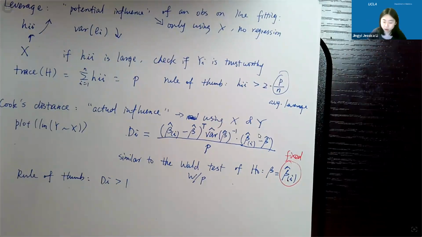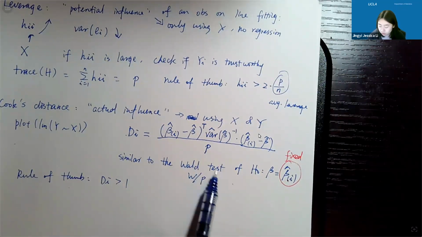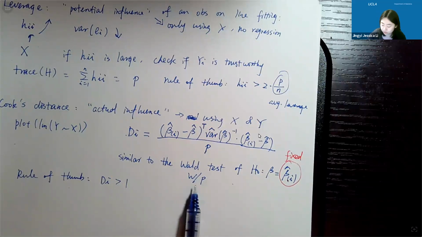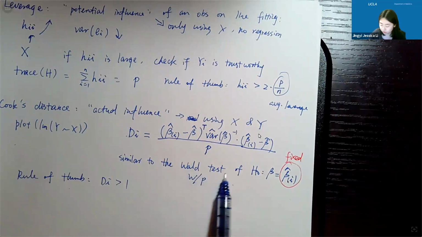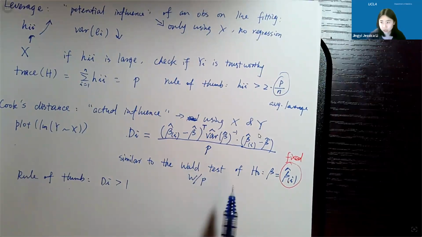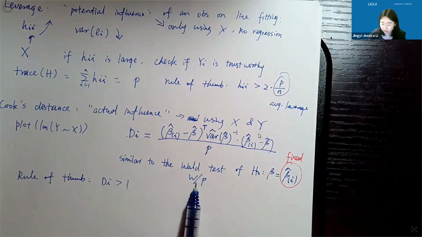That 1 is actually the median of that F distribution once we divide by P, of course. So W has an F distribution, and we take that median that's close to P, and that median divided by P gives us 1. So that's how we check whether Cook's distance is large or small.